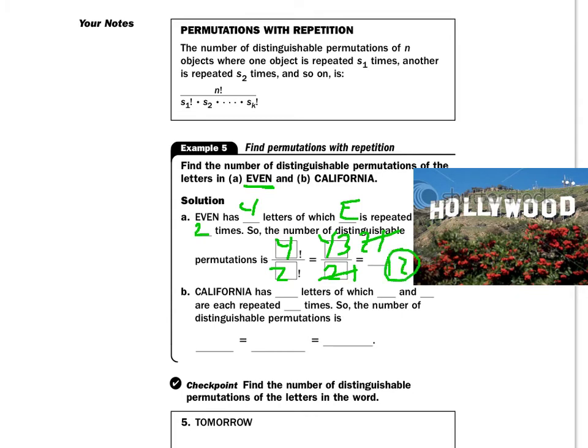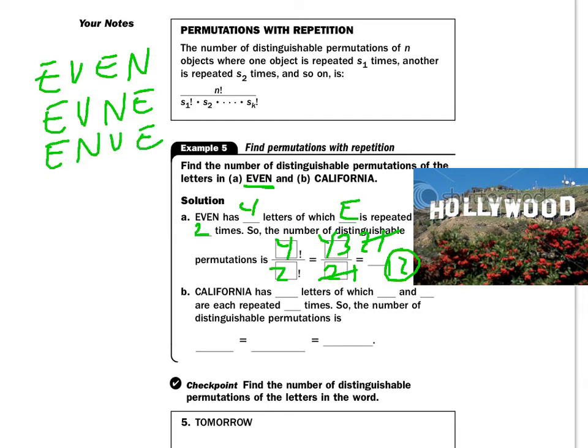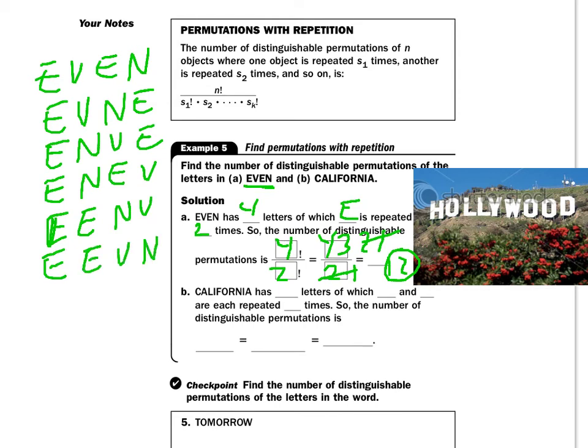That means I could write even, or I could write E-V-N-E, switching those last ones, or I could write N-V-E-E, or I could write E-N-E-V, or I could write E-E-N-V, or E-E-V-N, and you kind of get the point.